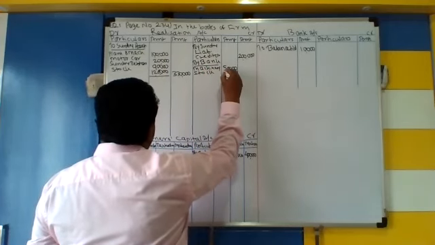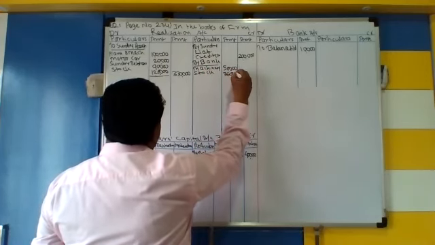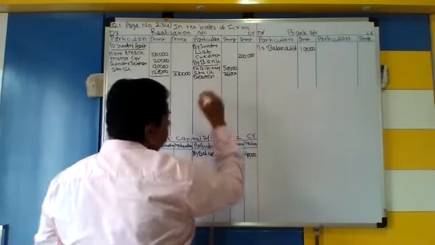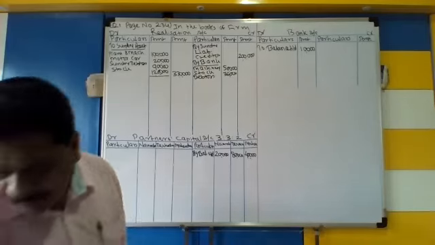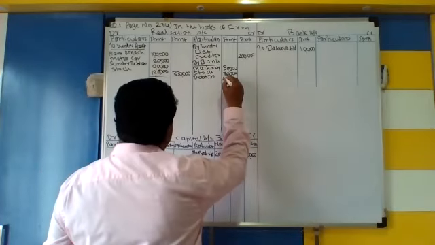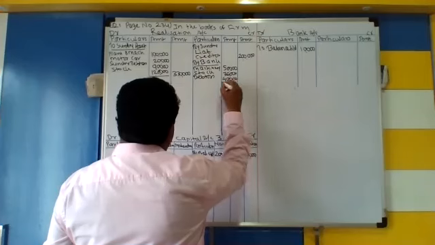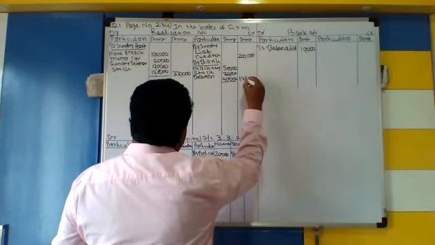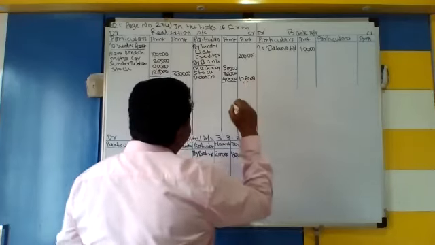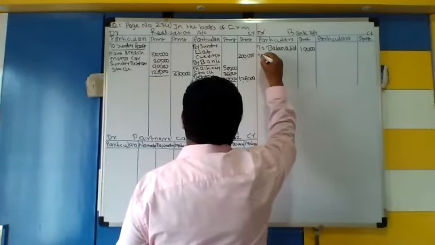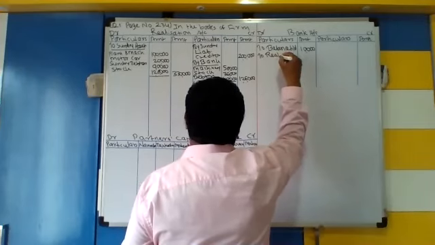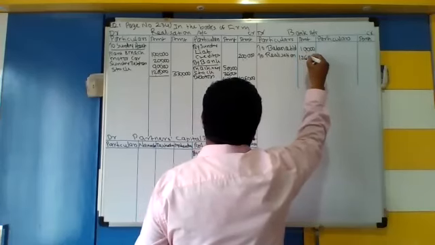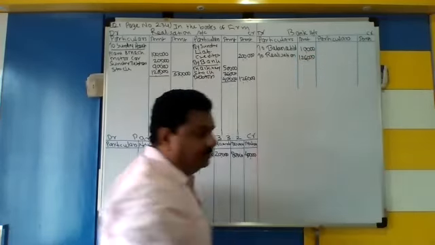Stock 36,000. And debtors realized rupees 40,000. Now take the total in the outer column, 1,26,000. So by bank account you write as to realization.